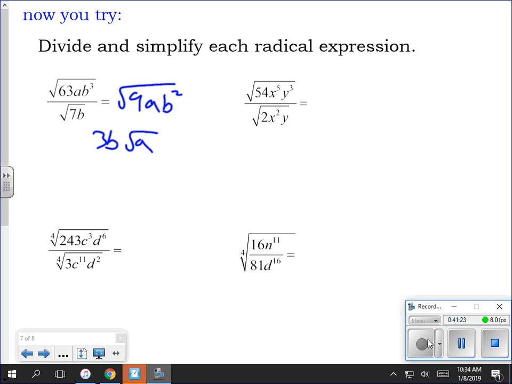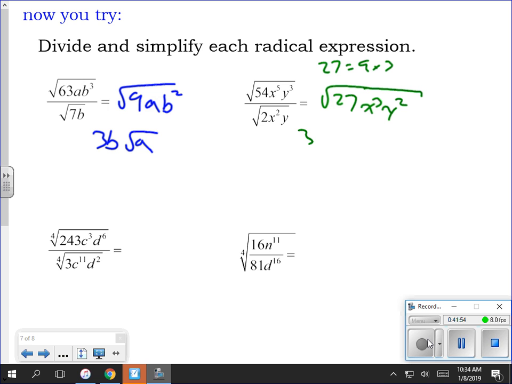Next one, do the same thing. 54 divided by 2 is 27, right? Yeah. Square root of 27. X to the fifth divided by x squared is x cubed. And y cubed divided by y is y squared. So that's my first step. Now I need to simplify the radical. Square root of 27. 27 is 9 times 3.